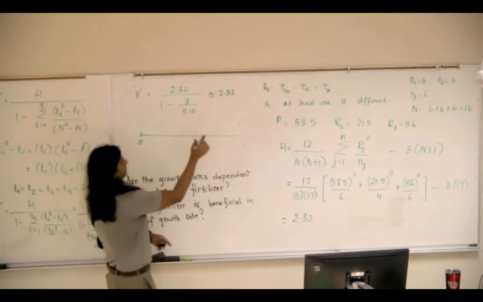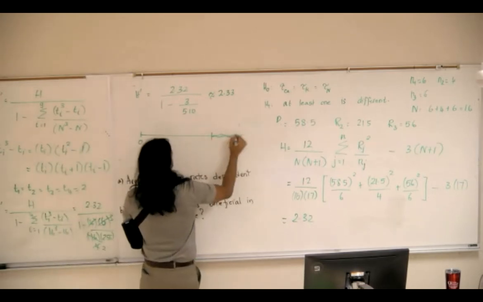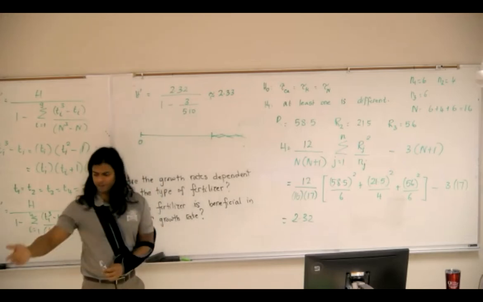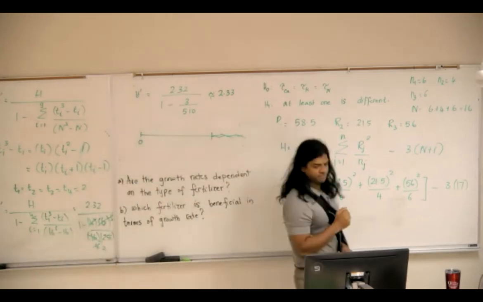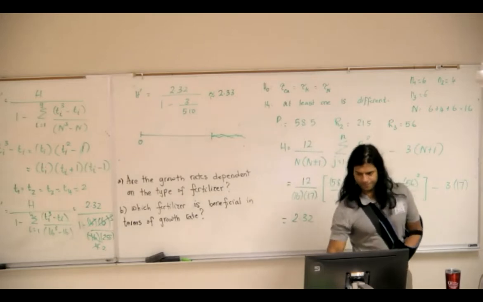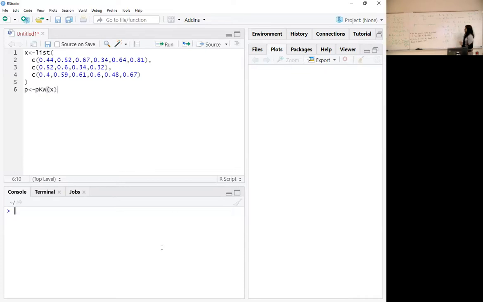0, rejection region somewhere over here. Alpha, let's assume 0.05. How do we find the critical value? pKW would be used to find the p-value. We want qKW. Again, if you want to use this, you will need the NSM package. So 0.95, the reason being alpha is 0.05.